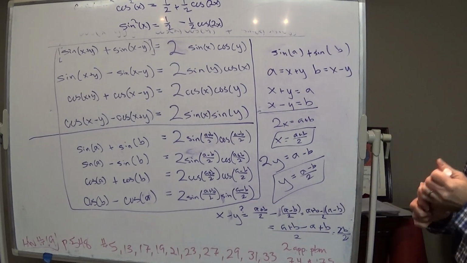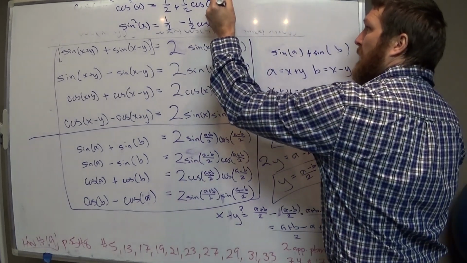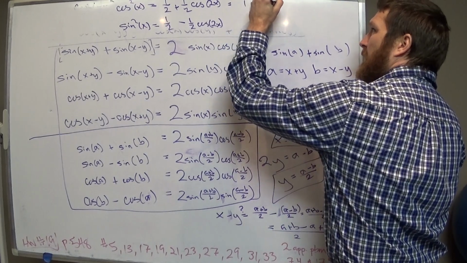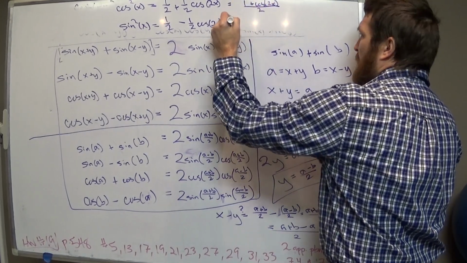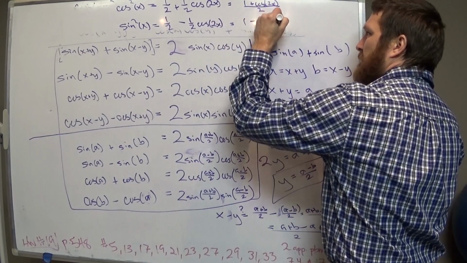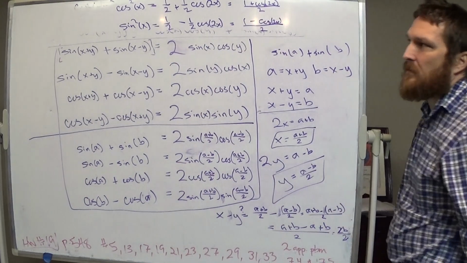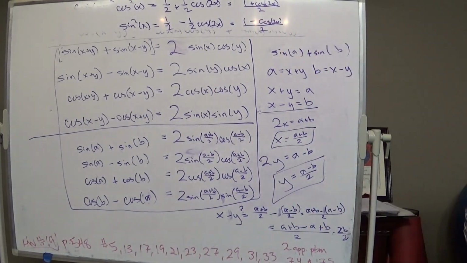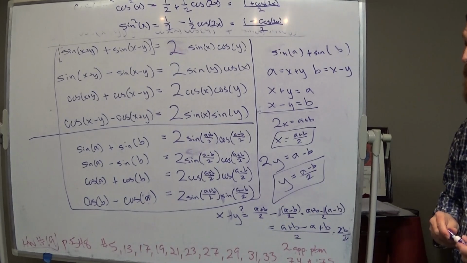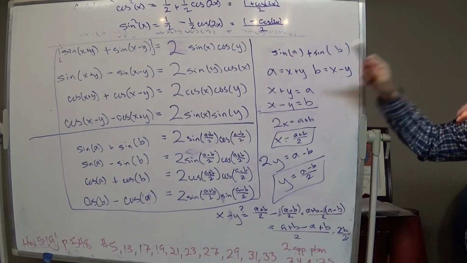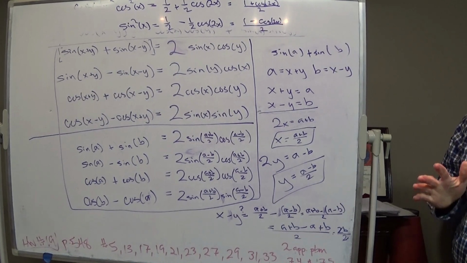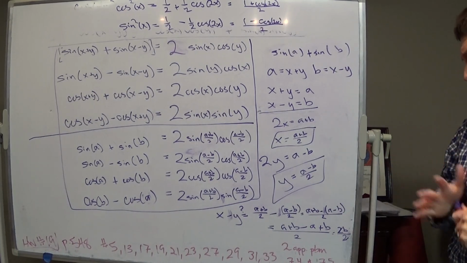Of course, your book has it written like this, which they're equivalent, right? There are cases where you'll want to write it like that, but this is super useful for other stuff. So that's how I have it in my head. All right, any questions?